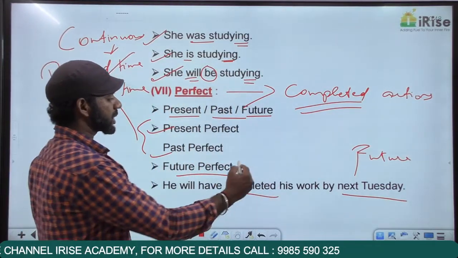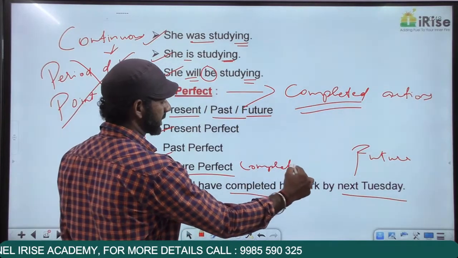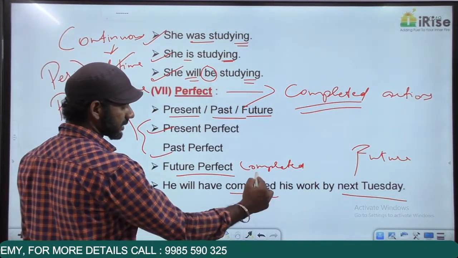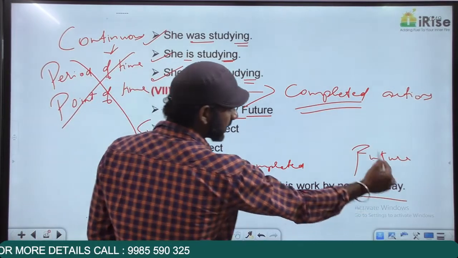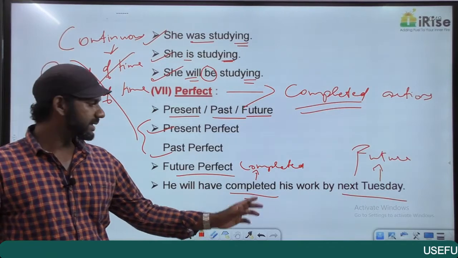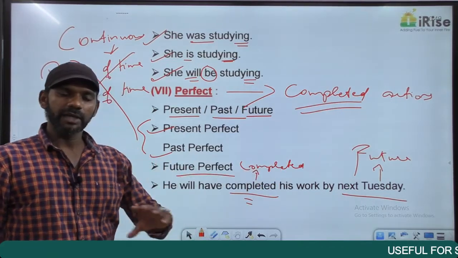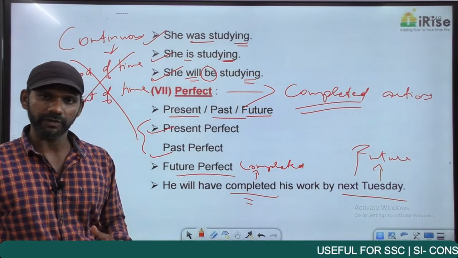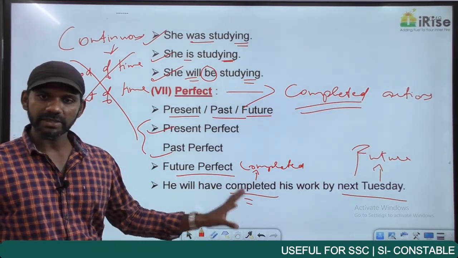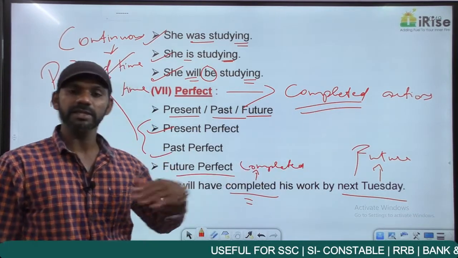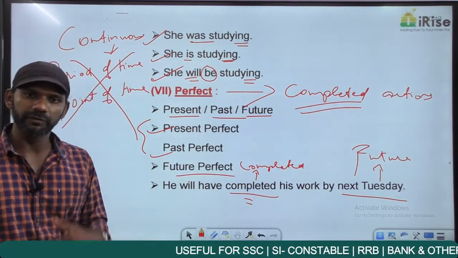Anyway, it talks about an action that will get completed. So this sentence talks about an action that gets completed in the future, and for any action that gets completed in the future, we have to use future perfect. So as this statement talks about an action that gets completed in the future, we have to go for future perfect tense.